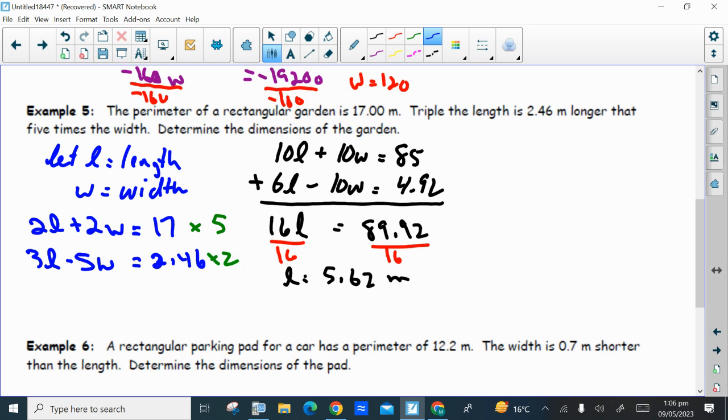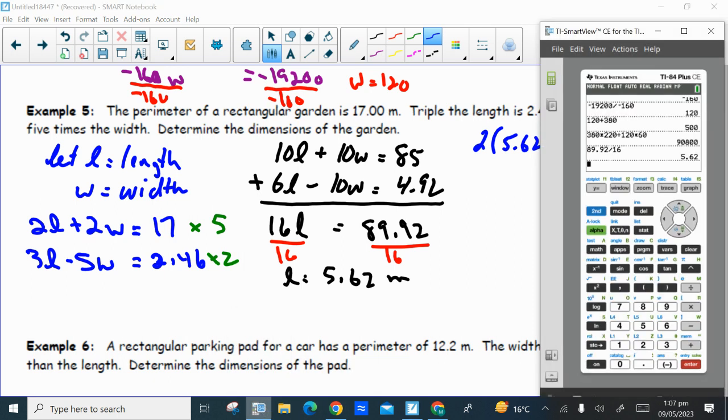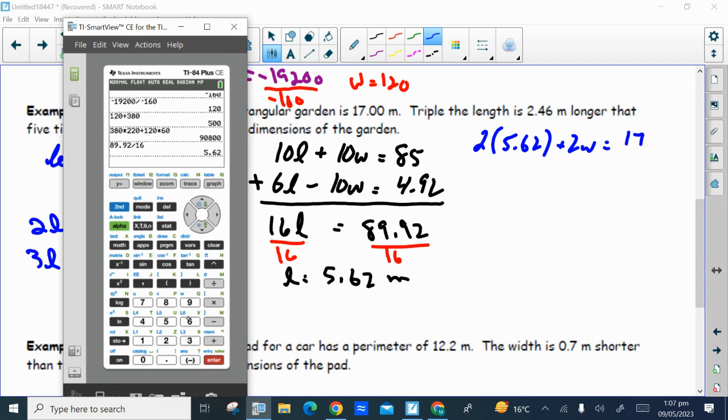So to find out what W is, you can use either of the two equations. I'm going to use the first one, 2L, and L is 5.62, plus 2W, must equal 17. When you multiply the 5.62 by 2, you'll get 11.24.